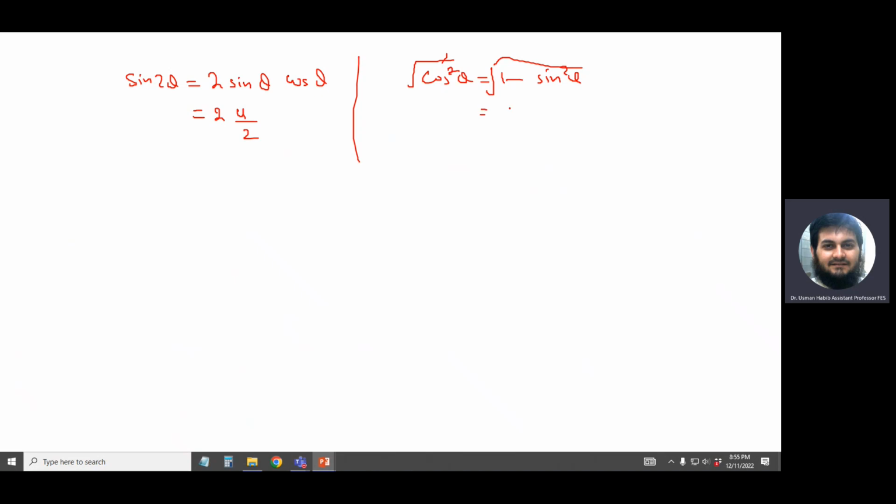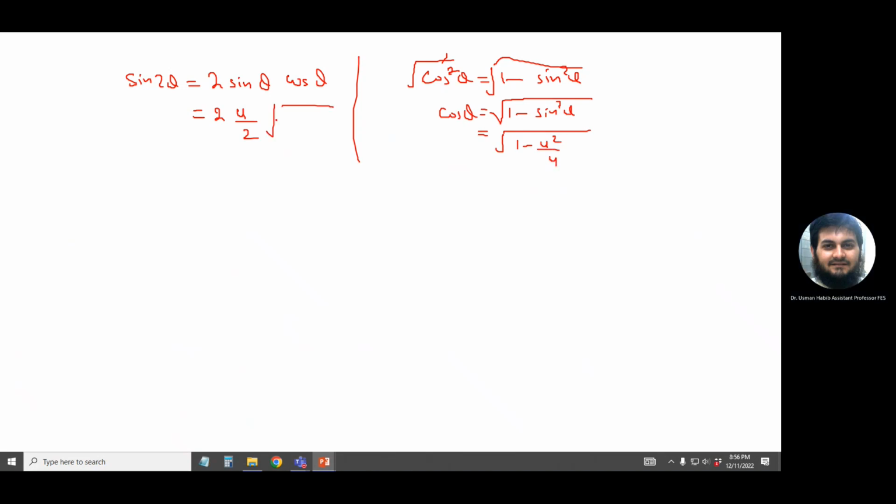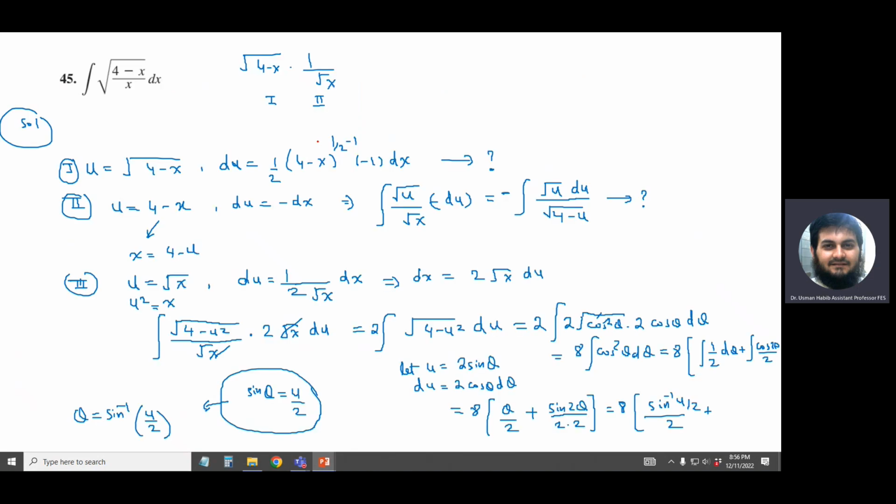So cos of theta is the square root of 1 minus sine square theta. And we know what sine square is, that is u square over 4. So you will get the square root of 1 minus u square over 4. Once we put all of this here, that gets divided by this 2 and then 2.